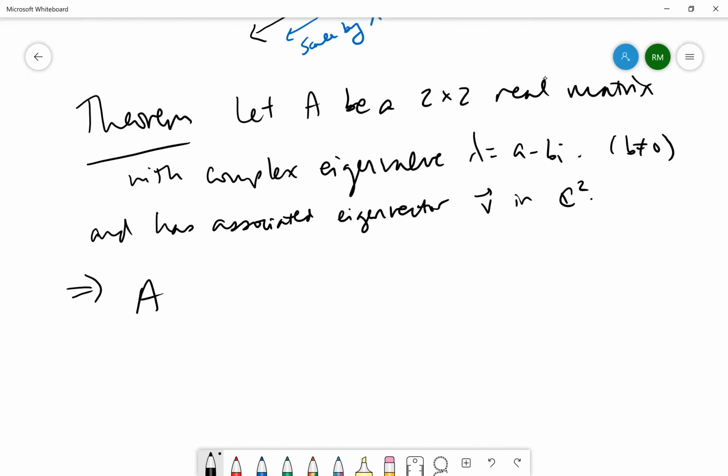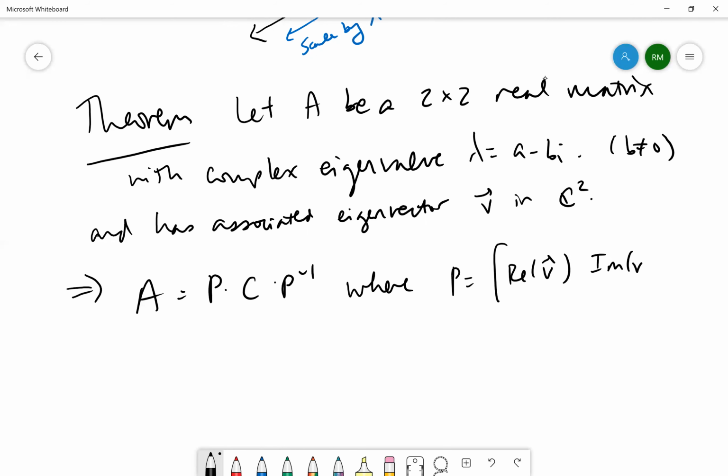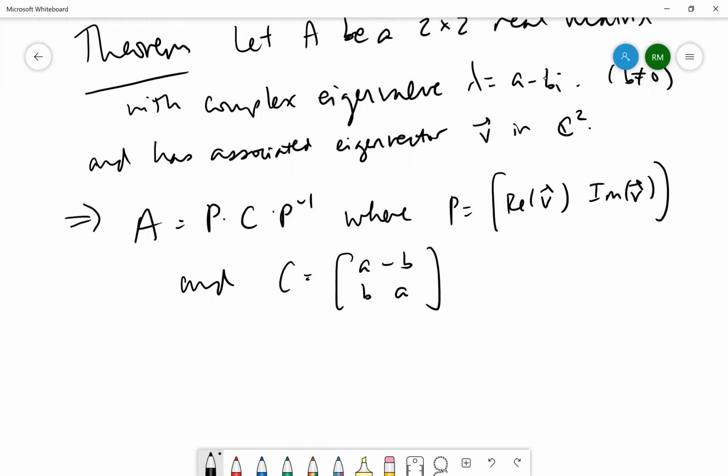What this tells us is that A is P times C times P inverse, where P is equal to the real part of our complex vector and the imaginary part of our complex vector, and C looks like this. So I'm going to omit the proof. I'm going to see if you can do an example without me guiding you too much.